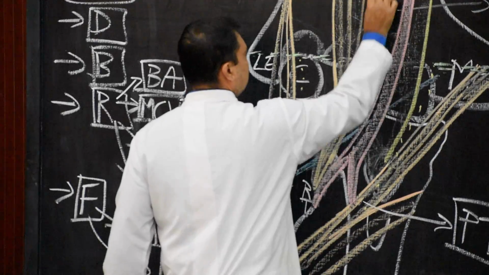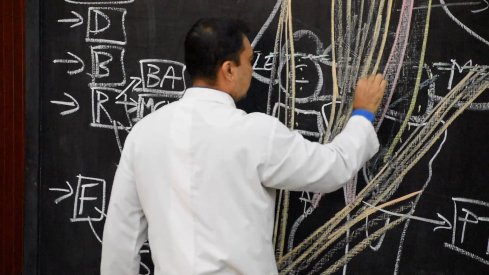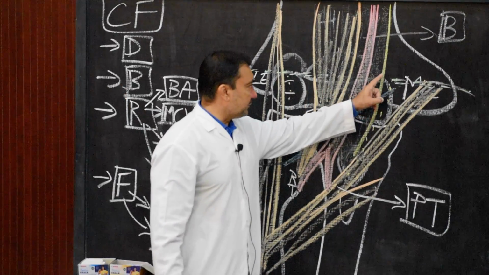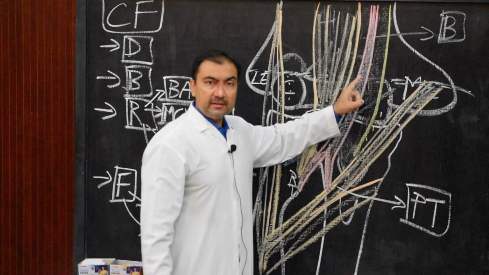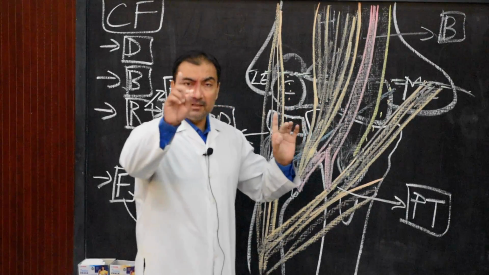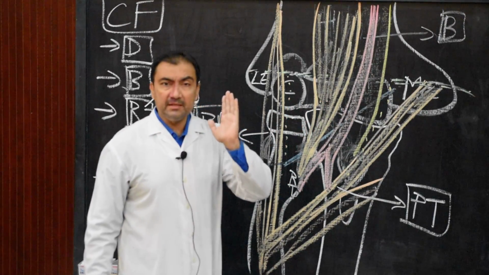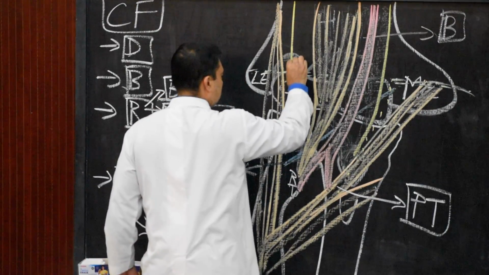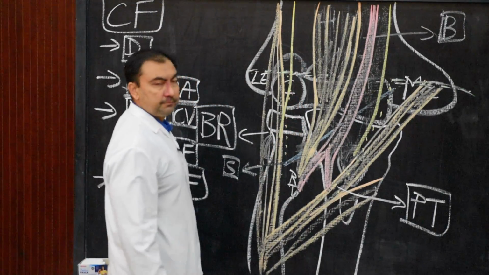Once again, from medial to lateral side: median nerve, brachial artery, biceps tendon, and the last structure, the most lateral content, the radial nerve. So here we show the radial nerve.